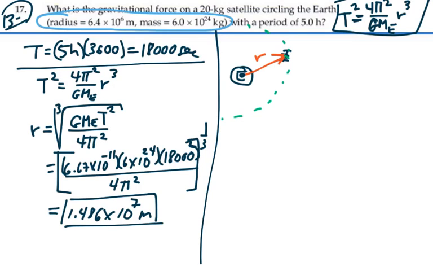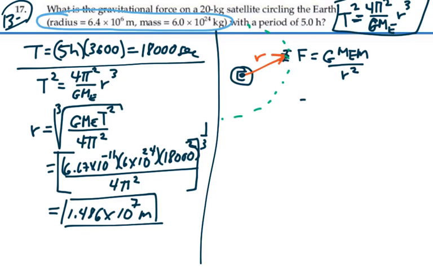We want to find the force on the satellite, and that's given by Newton's law of gravity. Force equals G, mass of the Earth, mass of the satellite, over the distance between the two masses, r squared. In this case, the radius of the orbit.